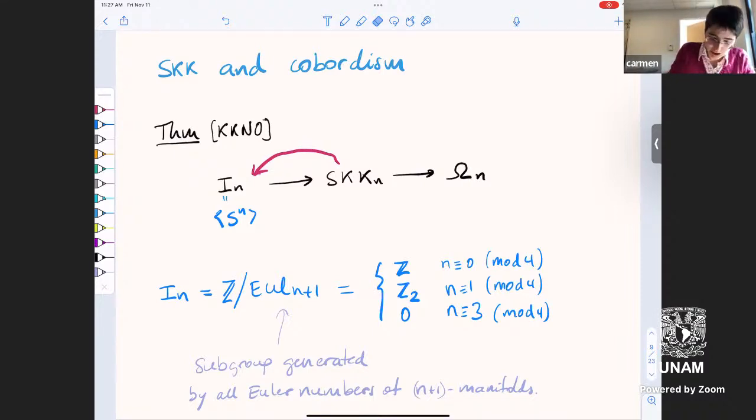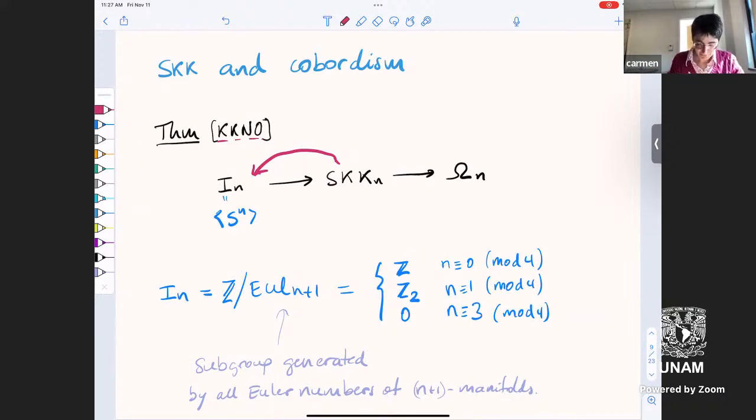It's done in the original reference by Karras, Kreck, Neumann, and Ossa. It essentially is just a little surgery argument, quite basic, but quite long to reproduce. So we're not going to go through that, but it is true. Any two cobordant manifolds will differ by some number of spheres in the SKK group.